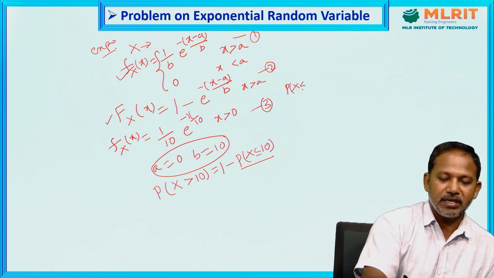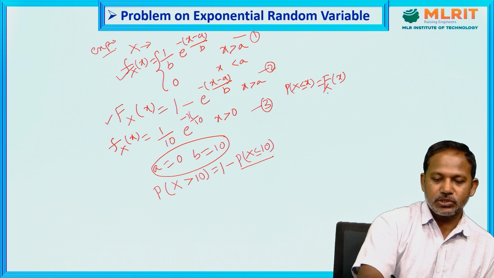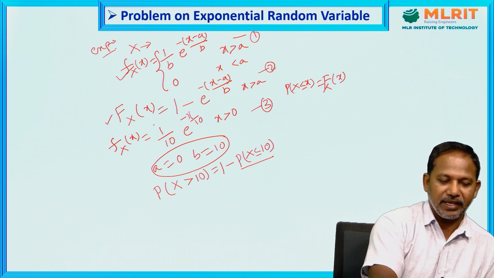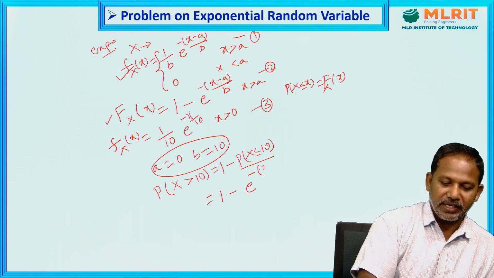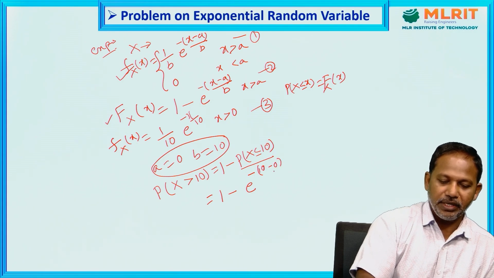P of x less than or equal to x is also called the probability distribution function, capital Fx of x. In that way, I can find that value, that is 1 minus e power minus of x value taken as 10, that is 10 minus a value 0, divided by b value, b equal to 10.